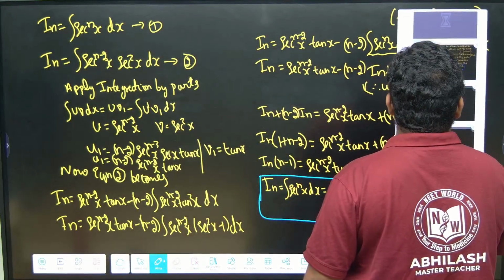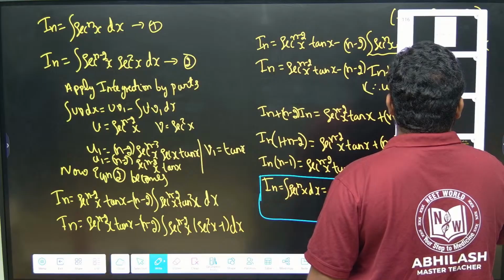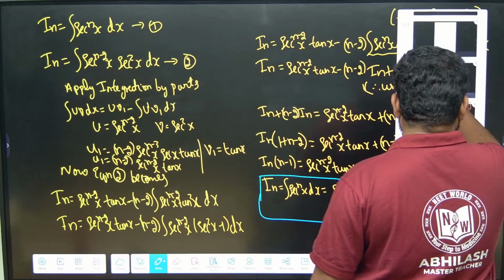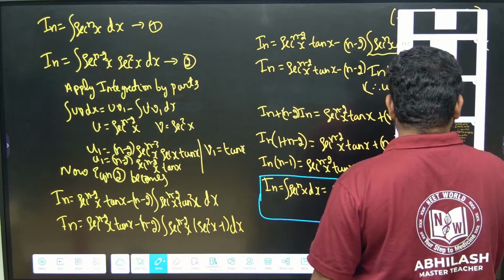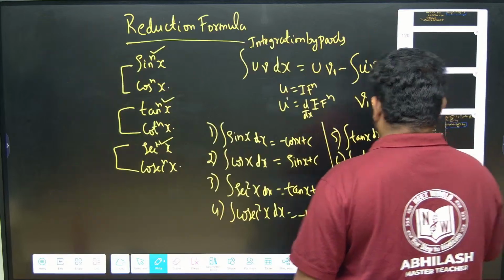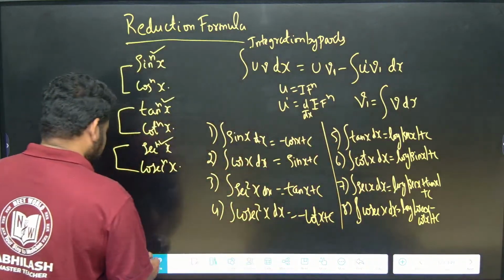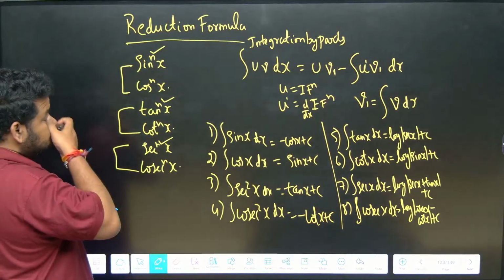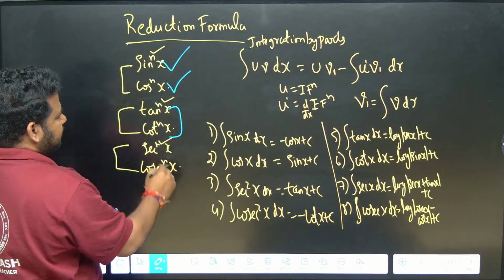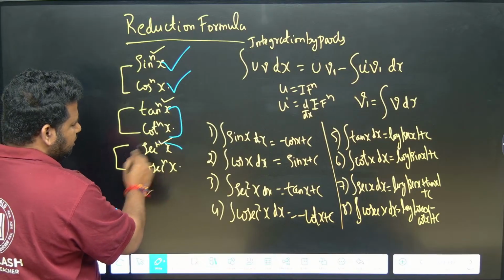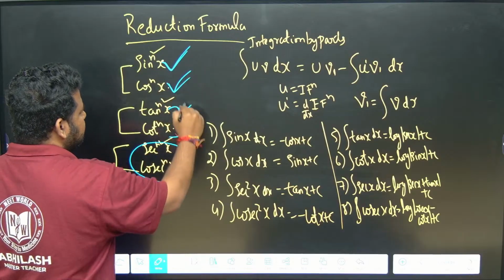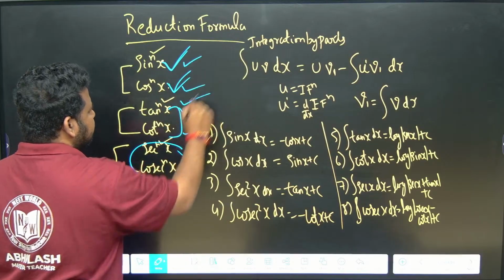If I talk about the reduction formulas, observe carefully: out of these, sin^n x is highly important, cos^n x is highly important, cot and tan are important. Secant and cosecant you have to learn, but they are not that important, but these four are important. Tan^n x is very important.